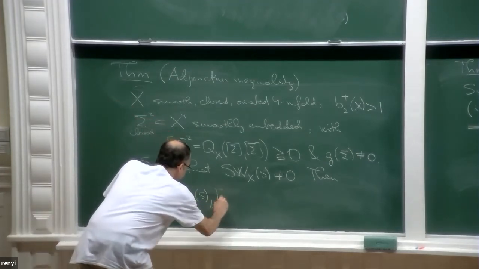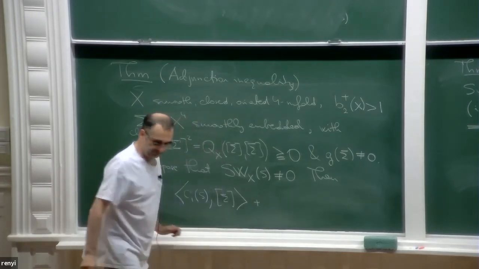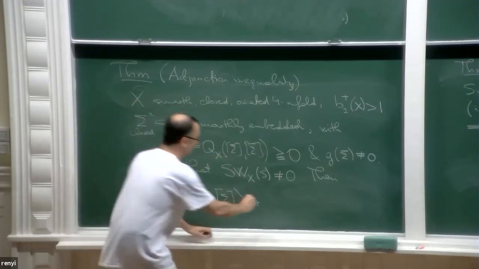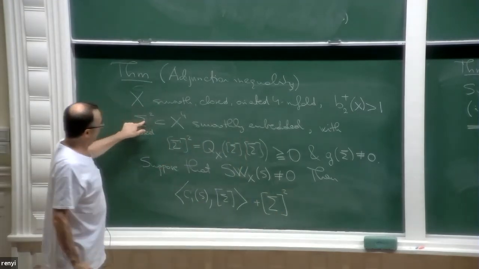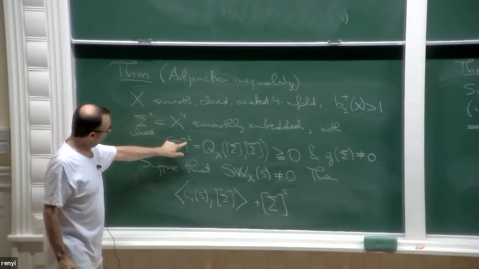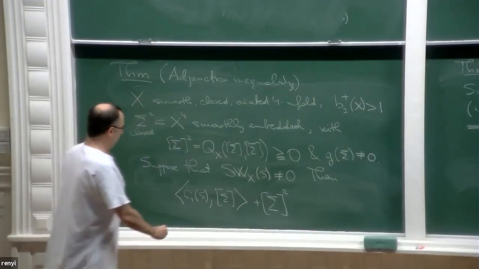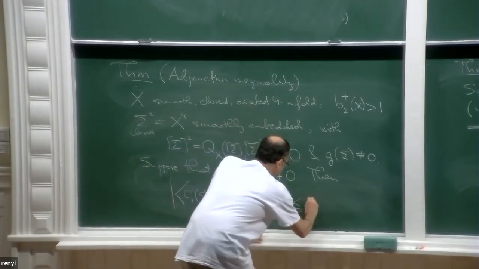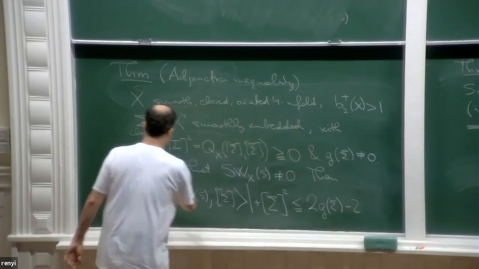And we evaluate it on this homology class, and we add this self-intersection, sigma squared. I dropped this 2 over sigma because there are just too many 2's. These 2 indicate that this is two-dimensional. This 2 indicates it's a square. And then I drop the two-dimensional 2. I put it in an absolute value. And this is always less than or equal to twice the genus minus 2. Okay, so this is the formula.